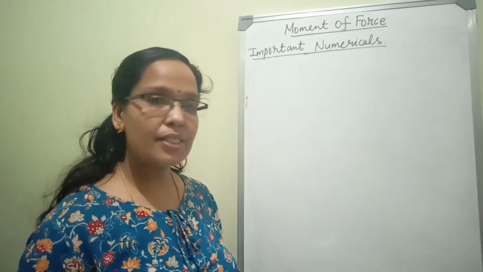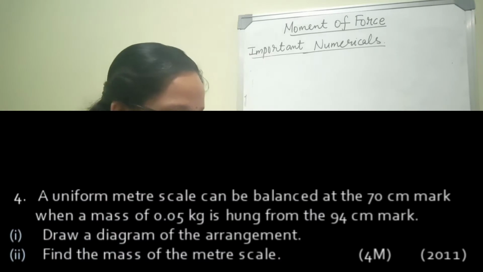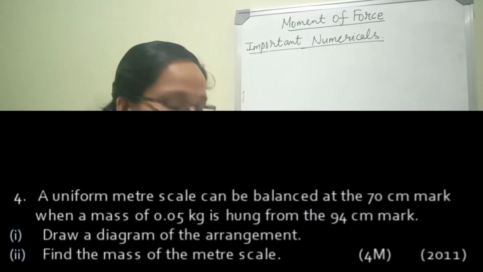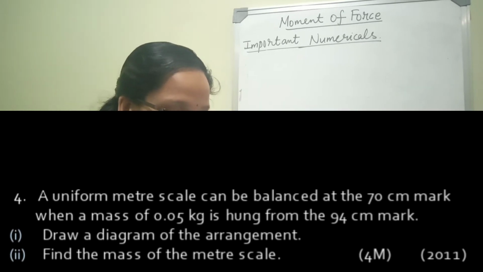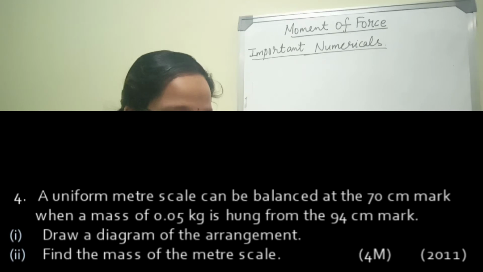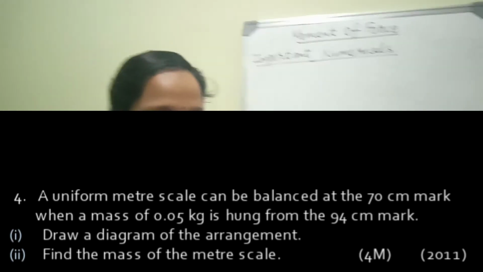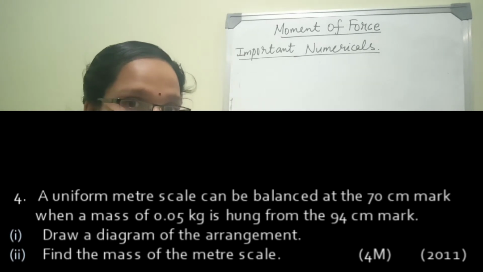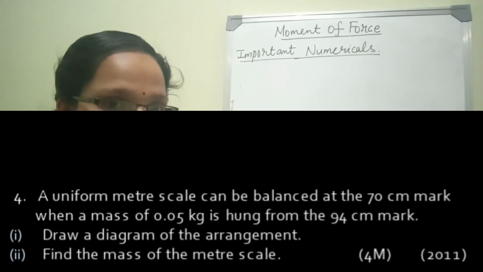Our next question is from the 2011 paper. A uniform meter scale can be balanced at the 70 centimeter mark when a mass of 0.05 kg is hung from the 94 centimeter mark. Draw a diagram of the arrangement. That is the first part. Let us draw the diagram.